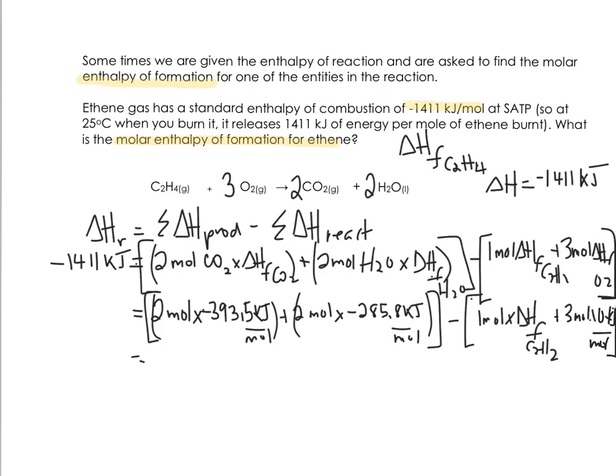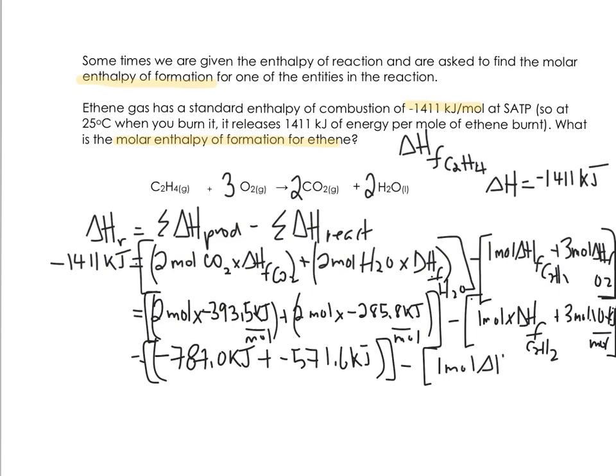All right, so calculators are on. This first term is negative 787.0 kilojoules plus negative 571.6 kilojoules minus 1 mole times the molar enthalpy of formation of C2H4. I don't know why I keep writing C2H2. It's C2H4.